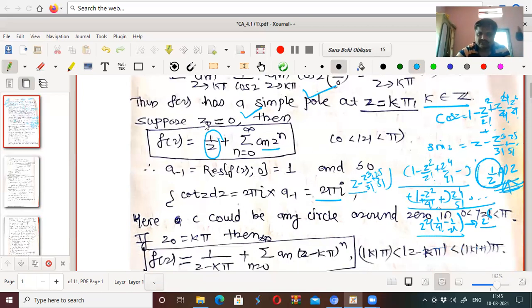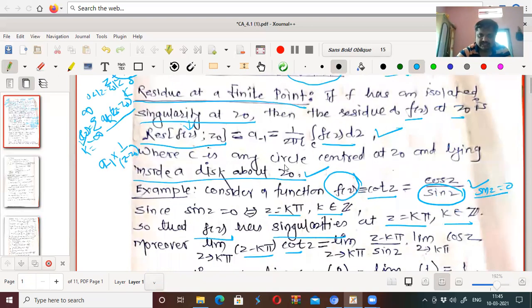Therefore, the coefficient of 1 by z is a minus 1 here, isn't it? So a minus 1 is the residue of f of z at z equal to 0, which is equal to the coefficient of 1 by z, that is 1. Therefore, the residue is 1. If we know the residue, a minus 1 is equal to 1 by 2 pi I times the integral over c of f of z dz. Therefore, the integral over c of cot z with respect to z is nothing but a minus 1 into 2 pi I, that is 2 pi I.